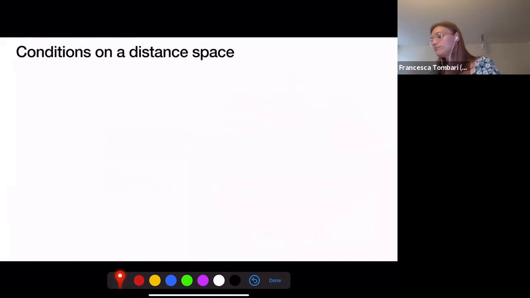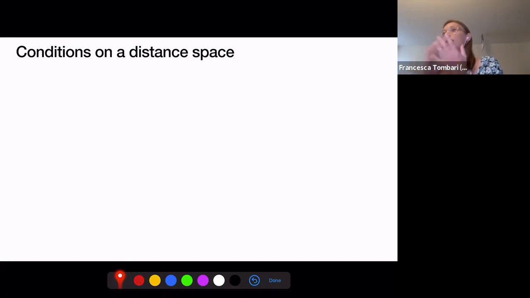Now let's shift a little bit, because we move from the general case to the case of Vietoris-Rips complexes arising from distance spaces or pseudometric spaces. What does it change in this context?